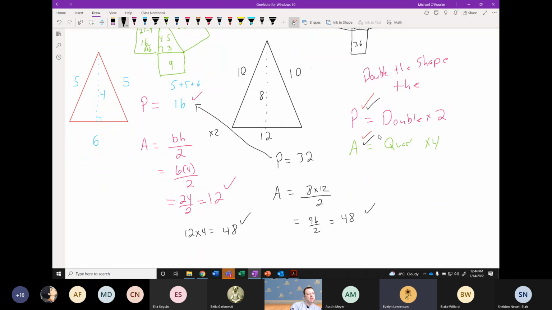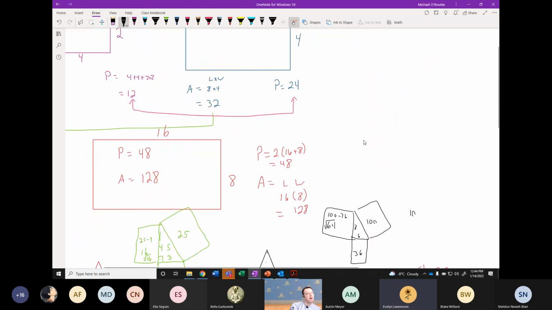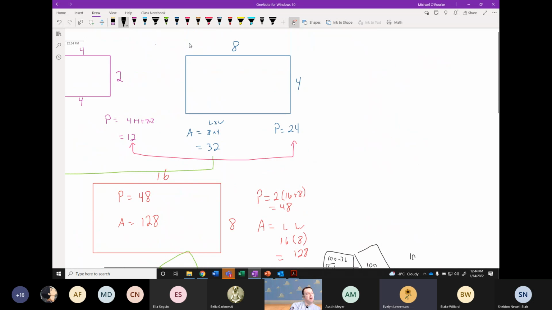So we figured out what happens when you double it. What happens if you triple it? Is there a pattern that happens if you triple it? I've never figured this out, so I'm just going.